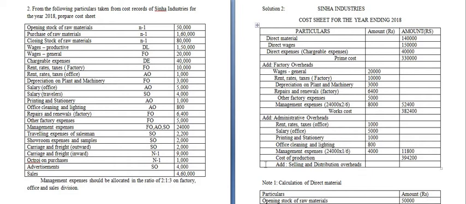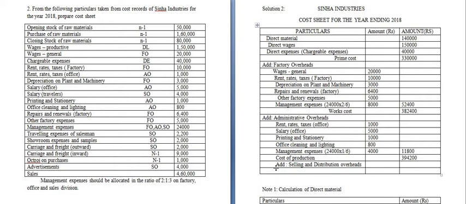Okay, now wherever SO we have written, all such expenses has to be taken over here. Now just go through the problem again. So wherever SO we have written, now see here salary, they have given salary in bracket, travelers is given, it means this is relating to selling and distribution overheads, right?